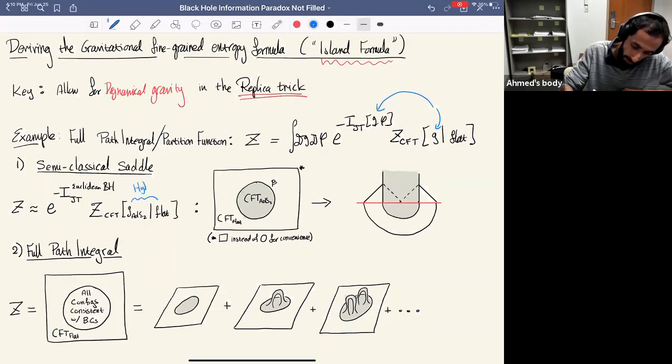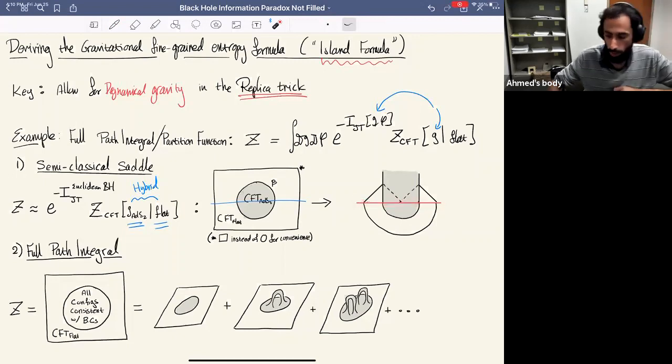So let's just write hybrid, where it's half AdS2 and half flat space. We said that this partition function, if you slice it like this, should prepare for you this semi-classical state at this time here, where it describes the eternal black hole in thermal equilibrium with the bath.